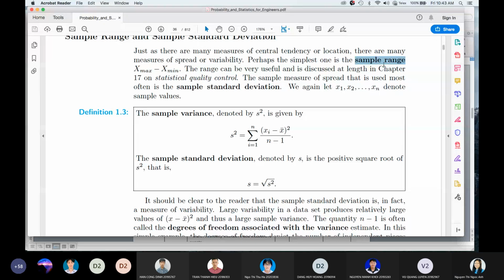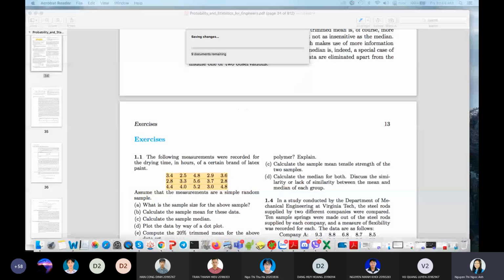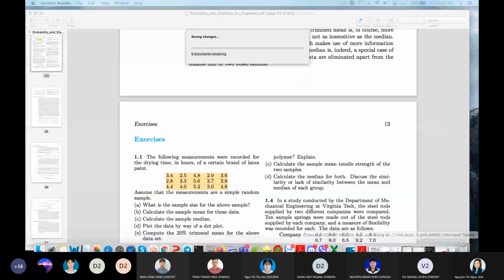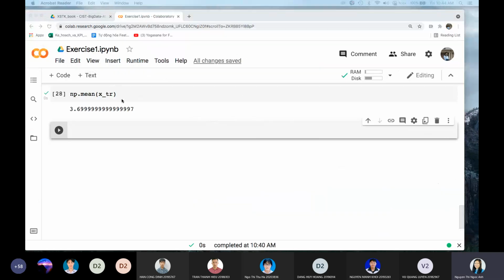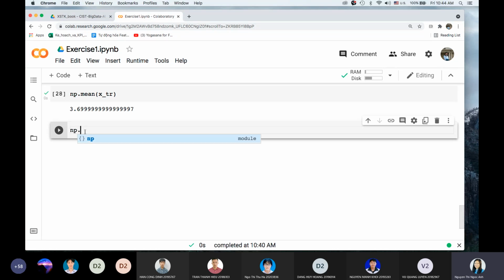Example. Okay, it's good. And np.max of x.